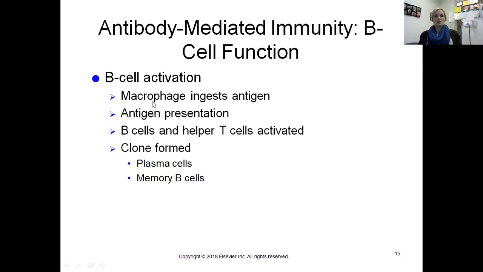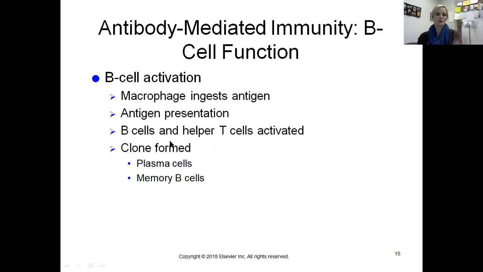So B cell activation, in this antibody-mediated immunity: when the macrophage ingests the antigen and the antigen presents itself, here we're seeing B cells and helper T cells are going to be activated. Remember, we said B cells are what's involved in the production of antibodies. Helper T cells help to produce these antibodies and B cells.